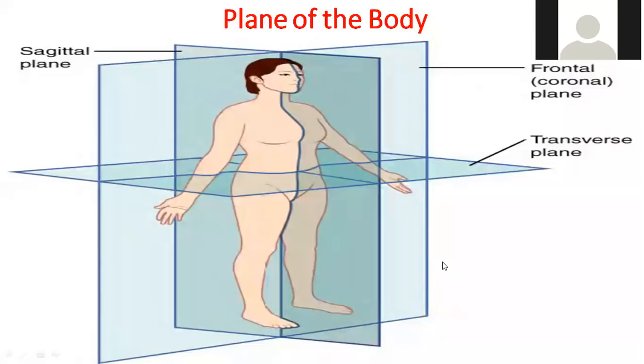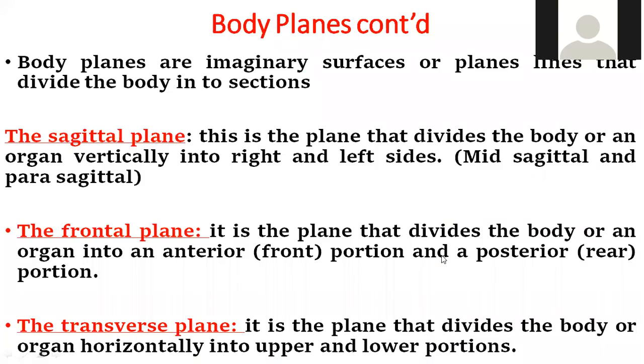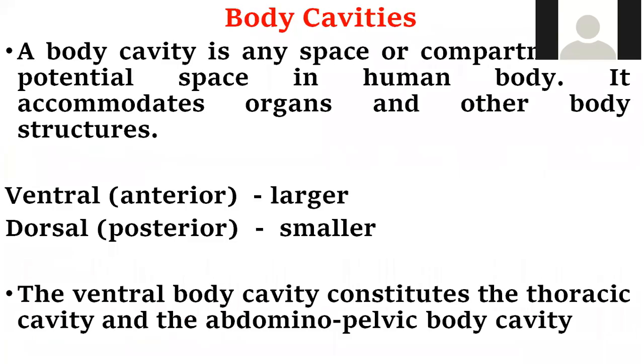Now, let us move on as we discuss the body cavities, or what is called the cavities of the body. What are body cavities? How can you describe a body cavity? A body cavity is any space or compartment or a potential space in the human body.